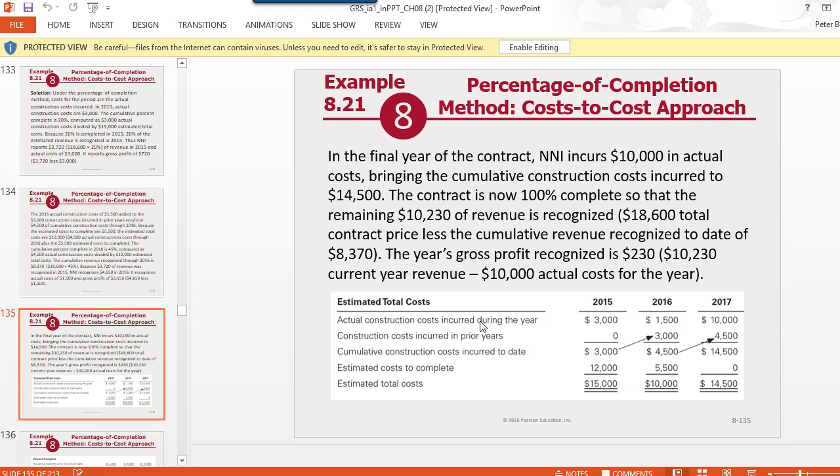Out of that 18,600, we've already recognized 8,370, so the difference of revenue is 10,230. The gross profit is going to be 10,230 minus the 10,000 current year costs. So the revenue is a little tricky because it's based on a cumulative effect, whereas the costs are straightforward. It's given to you in the problem.